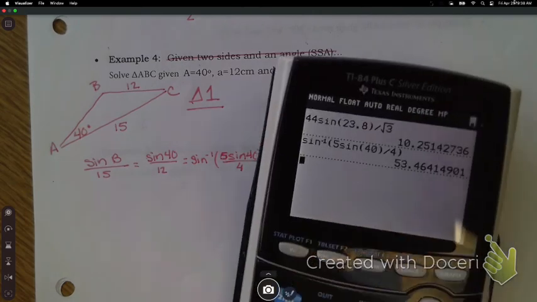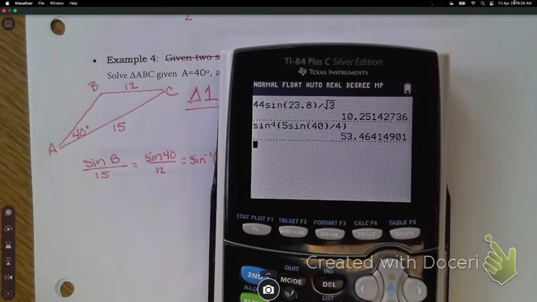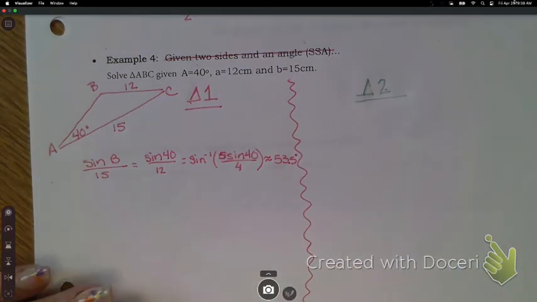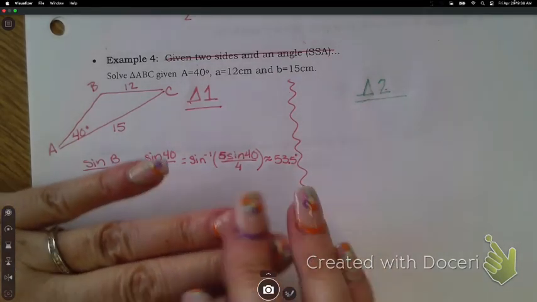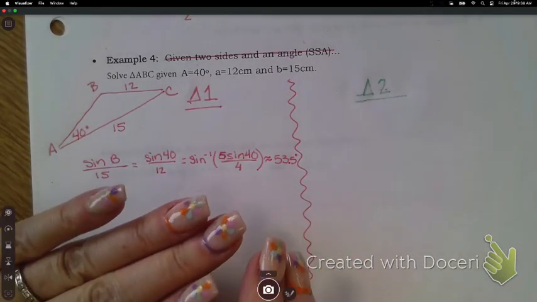You should have that. Yeah. Okay, we're good? Now at this point, I stop on triangle 1.